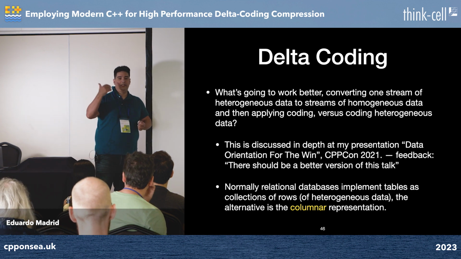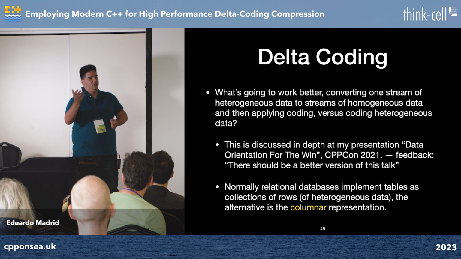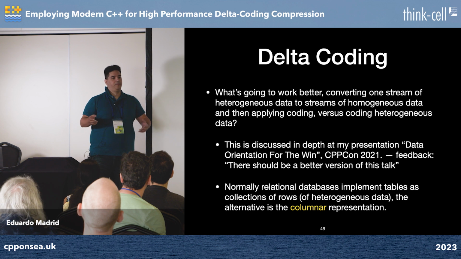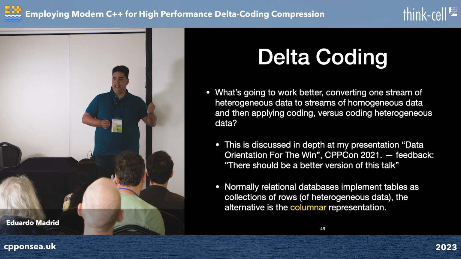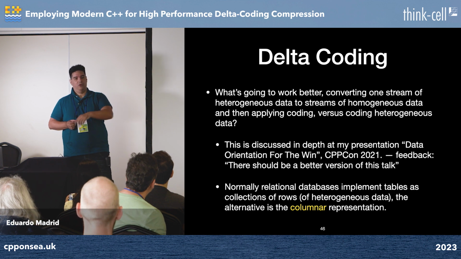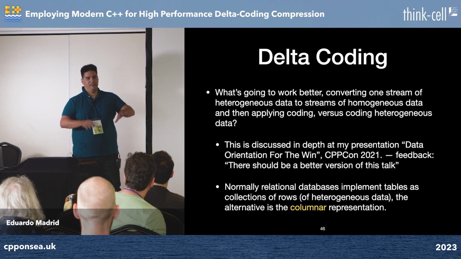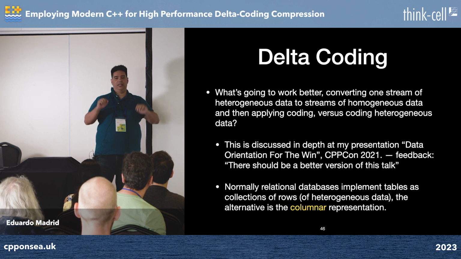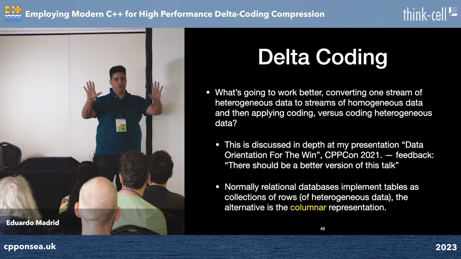Normally, all data stream protocols define heterogeneous data in the stream. Heterogeneous data means that it has data components of different types. So what do you think is going to be better? Getting the heterogeneous data stream and converting it into a collection of homogeneous streams? For example, say that you have something like the order type and the prices. That is heterogeneous because the order type and the price are of different nature.